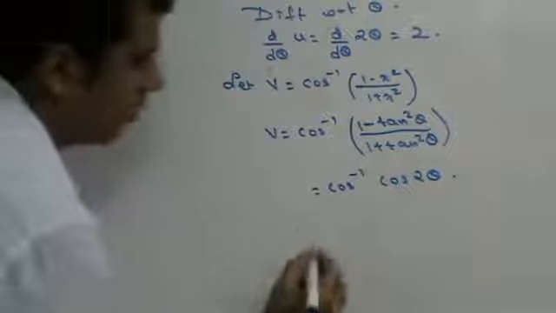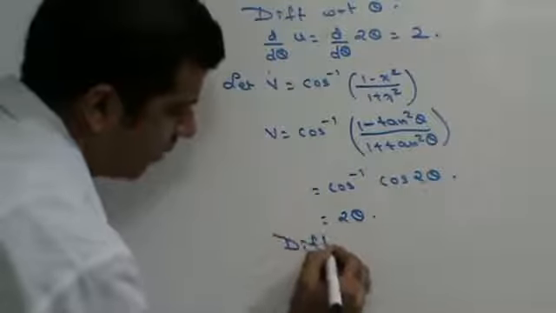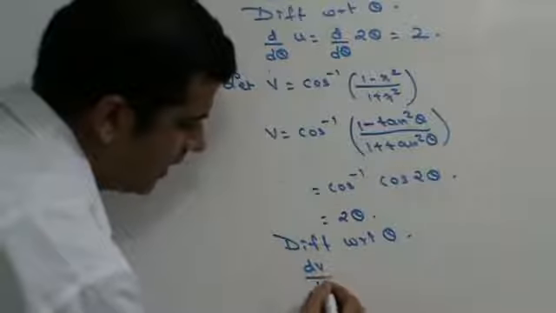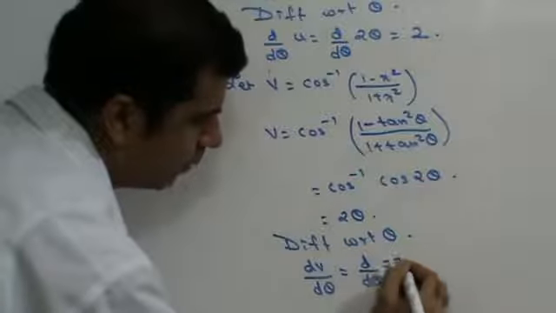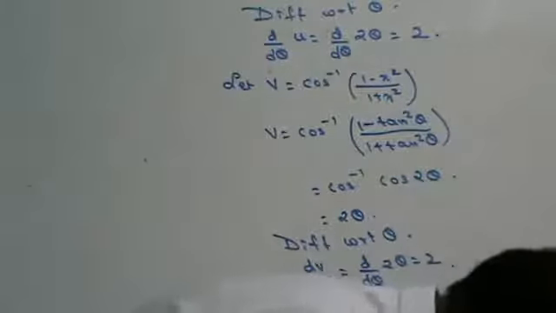Cos inverse and cos get cancelled, which is nothing but 2 theta. Differentiate with respect to theta. So you will get dv by d theta, which is d by d theta of 2 theta, which is nothing but 2.